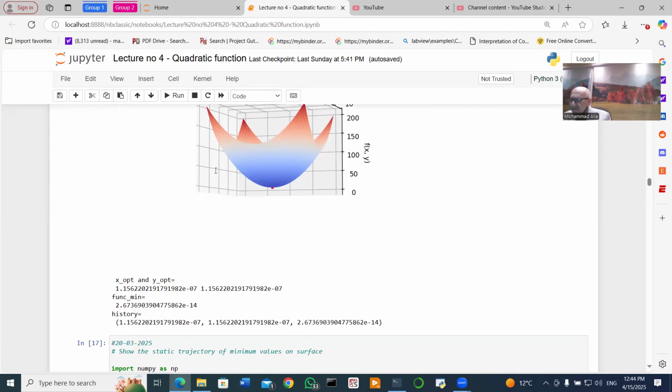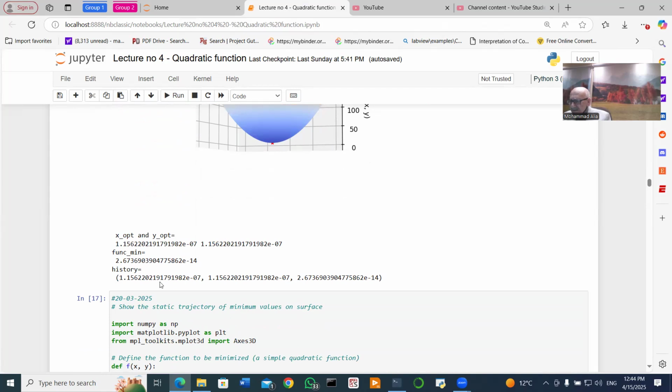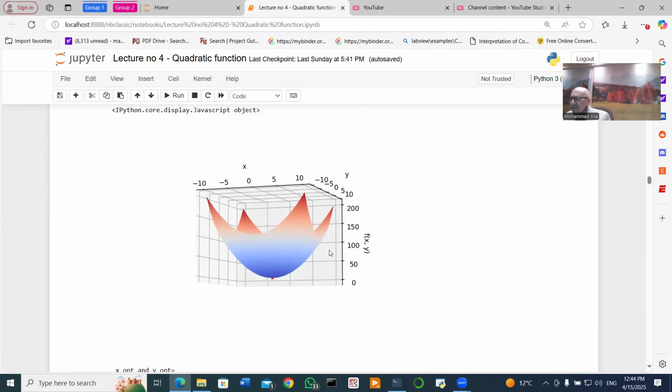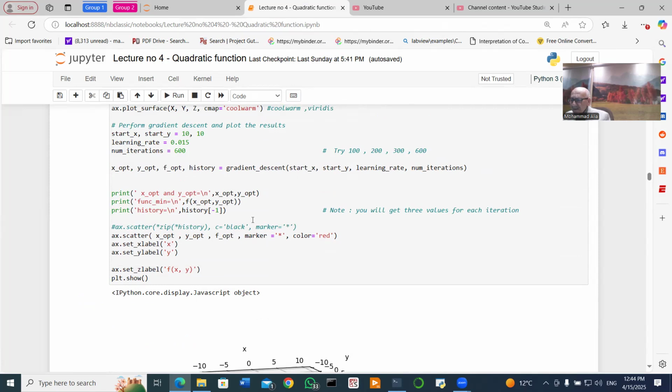The sliced last value is the final x, the final y, and the final value of optimization. Of course, this final value of optimization will be exactly the same as the function minimum. Look, they are the same. And this value of x and this value of y, they are also the same. So I have done this just to be sure that they are exactly the same.